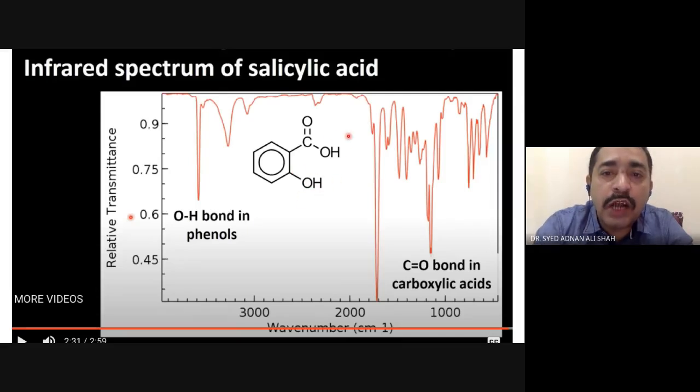So one functional group is hydroxyl, the second one is carbonyl. This sharp peak tells us about the presence of the hydroxyl group, and this sharp peak at about 1700 to 1800 tells us the carbonyl bond of the carboxylic acid.